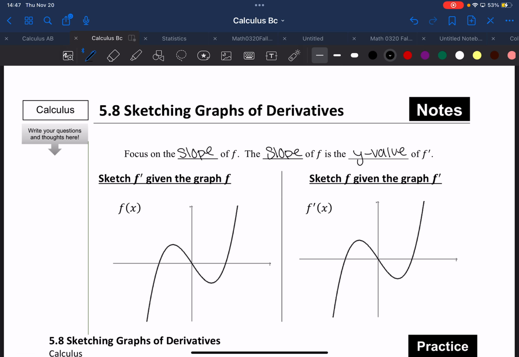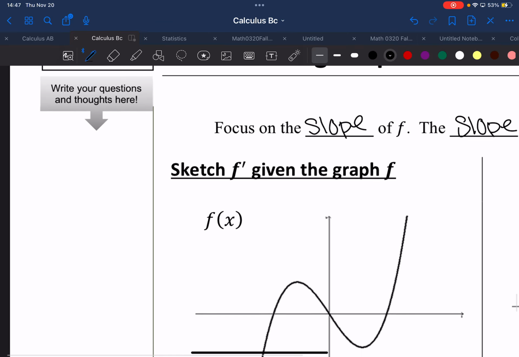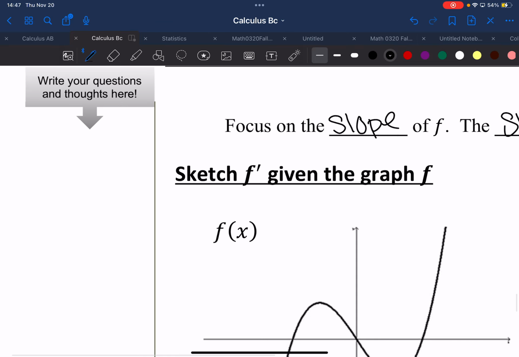Before we draw these sketches, I want to write some things in the margin, a kind of refresher of what it means to have f increasing, decreasing, etc. So if f is increasing, we know that the derivative is what?